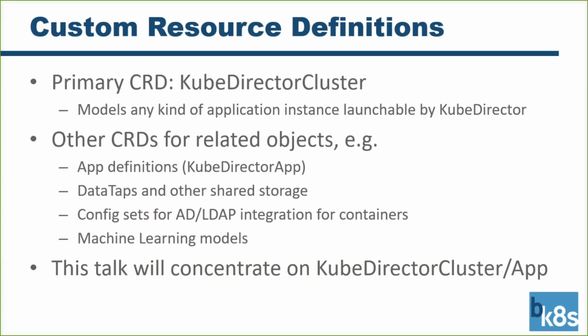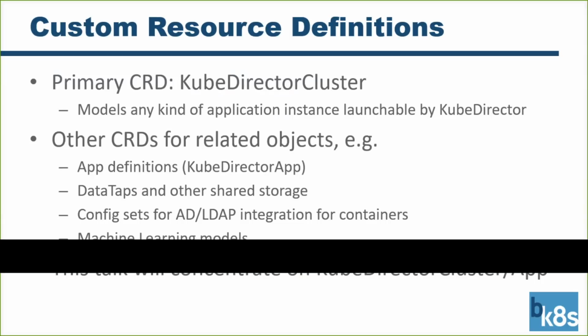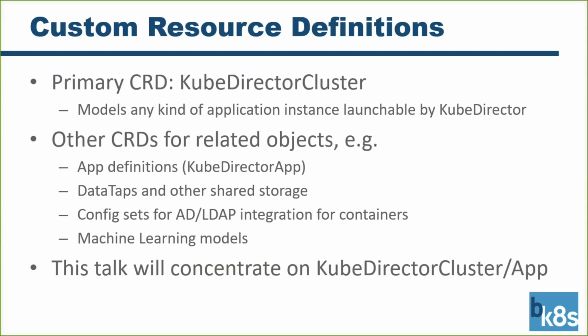Basically, anytime you have some user-provided information that you want to be persisted, that's going to be represented in a custom resource. But to keep this particular talk focused and to try to keep us on track for allowing some questions here, we're just going to talk about the 2 main custom resources that KubeDirector will react to when it sees those created or changed in the Kubernetes resource cloud.